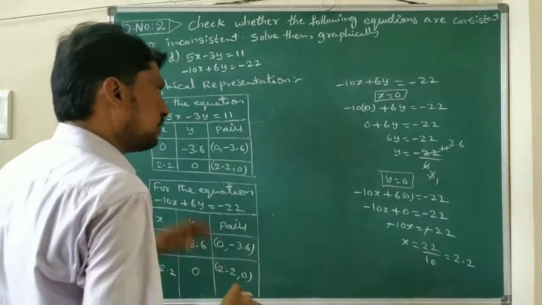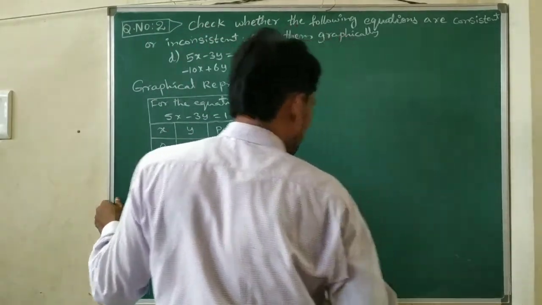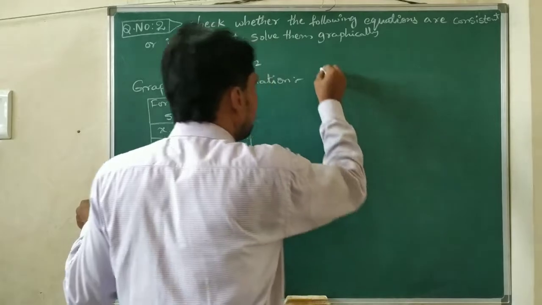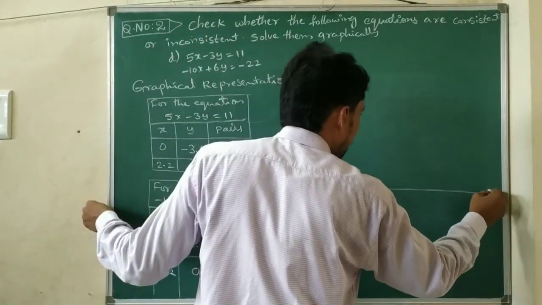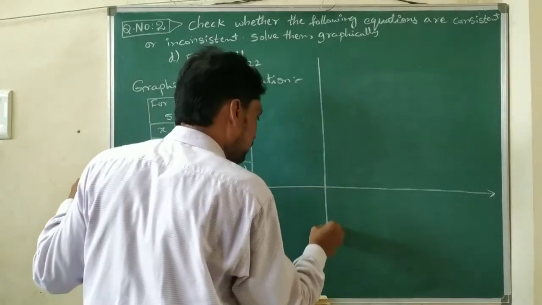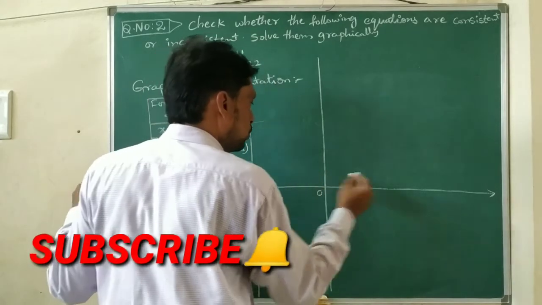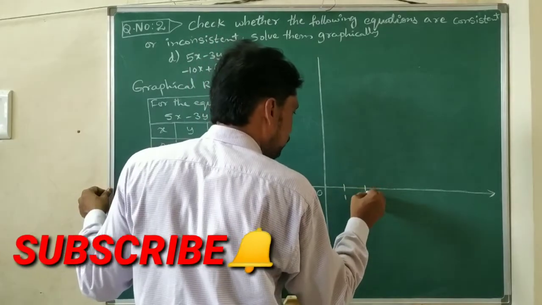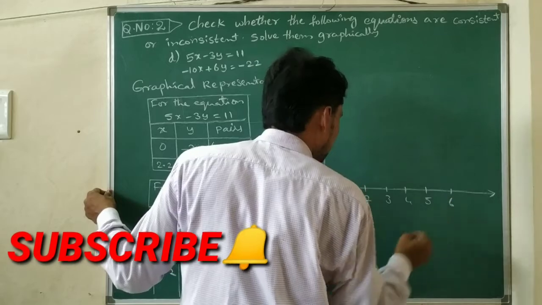Now you can take the graph. Now here this is the y-axis, this is the x-axis. Both axes are intersecting at a point that is 0. So 0 right side values are positive values, 1, 2, 3, 4, 5, 6 like that.